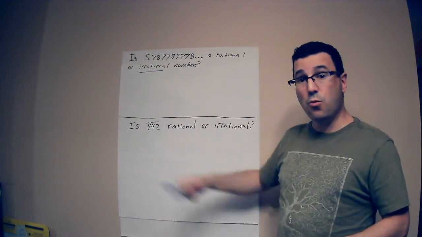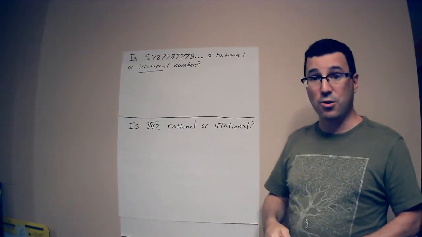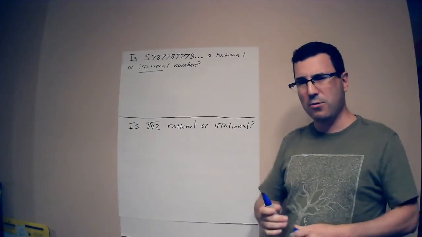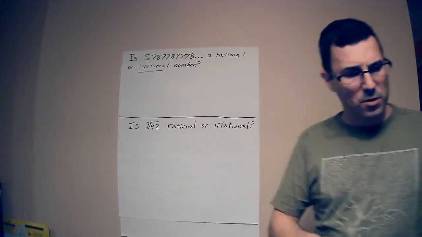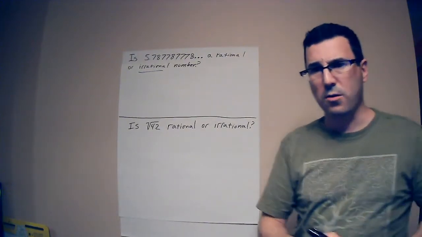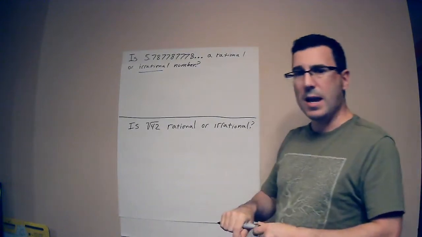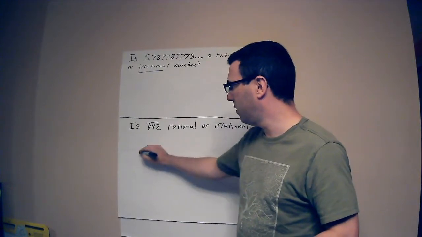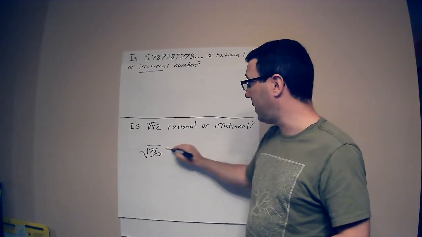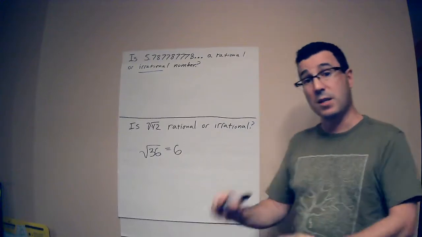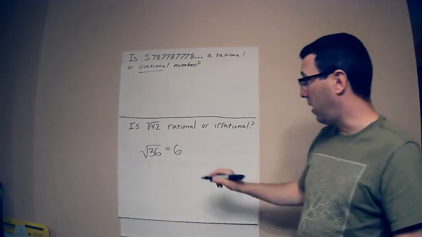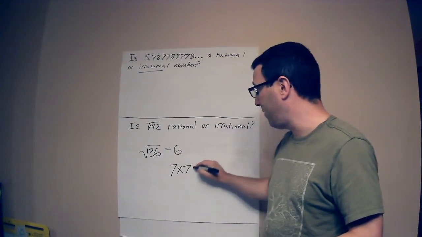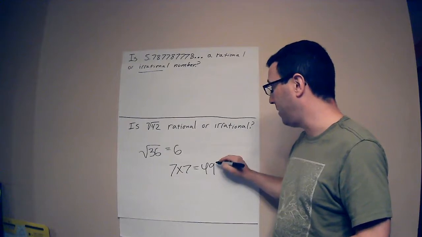Here is square root of 42 rational or irrational? Well, if we stop and think about it, we can think about certain numbers that are perfect squares. So something like 36. The square root of 36 is 6, because 6 times 6 gives me 36. Well, I could do 7. 7 squared, so 7 times 7 gives us 49.